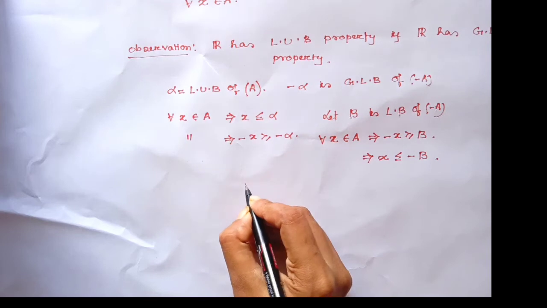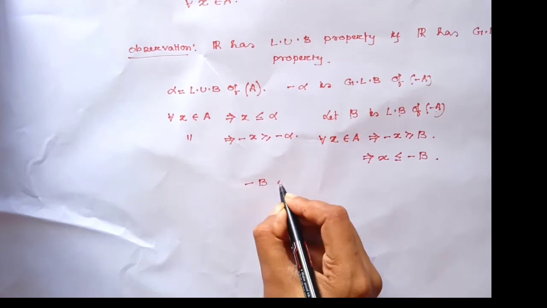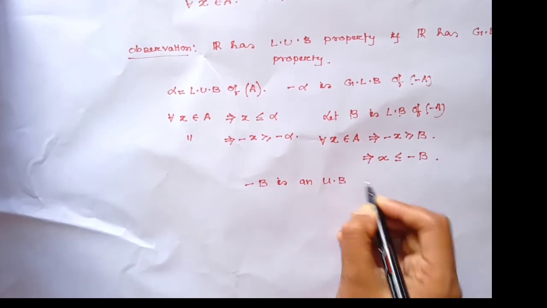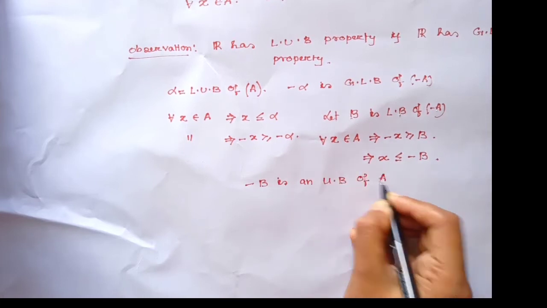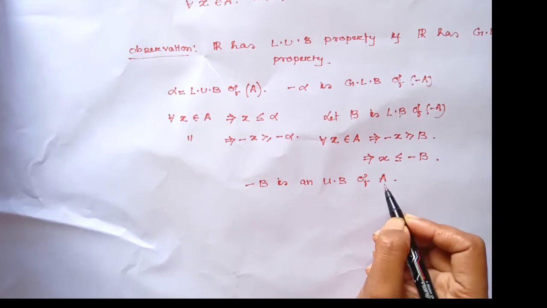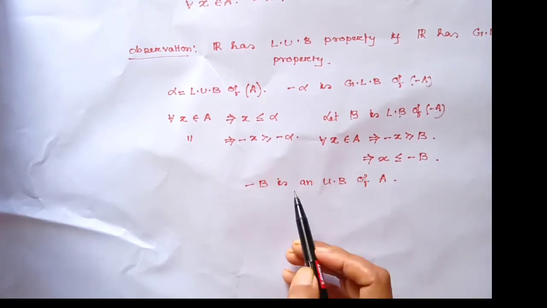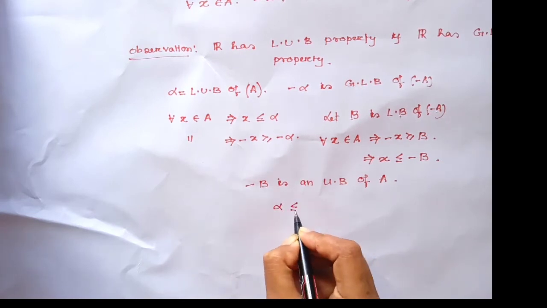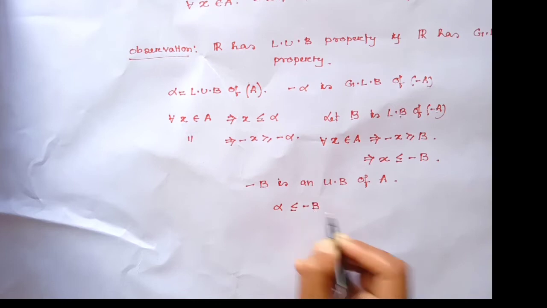Therefore, minus beta is an upper bound of A. Therefore, what is the relation of alpha and minus beta? Alpha is less than or equal to minus beta.